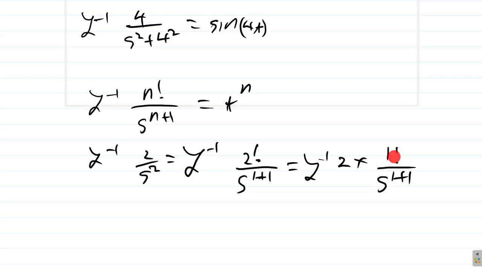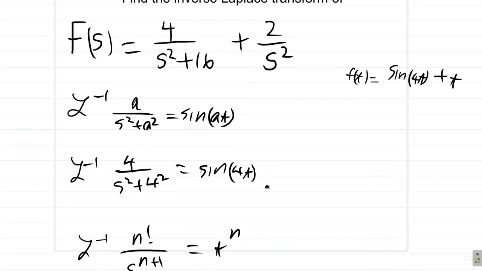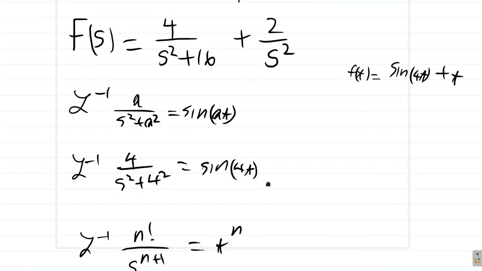So 1 factorial over s to the 1 plus 1 should be t to the 1. So here now is going to be 2 times t to the 1, which is 2t. So this part would be 2t, right?